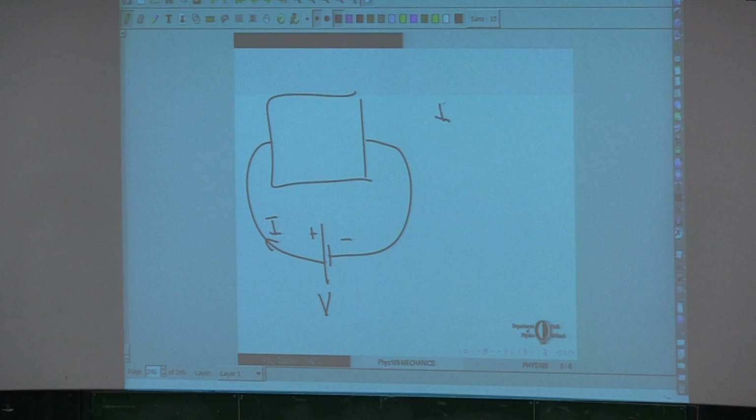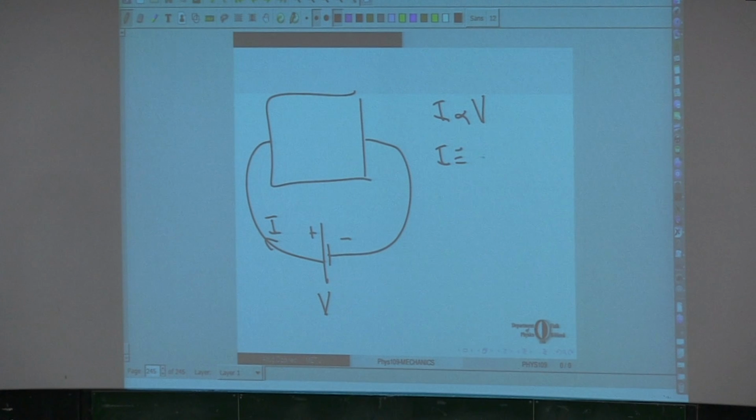The current is proportional to V, and we define this proportionality constant to be 1 over R. R is what we call the resistance.